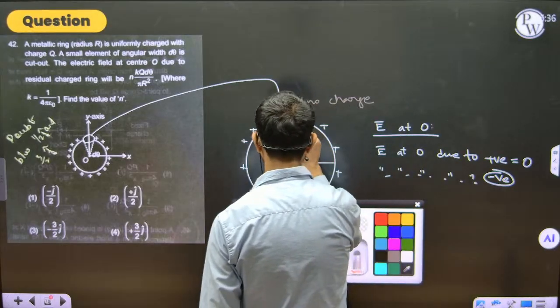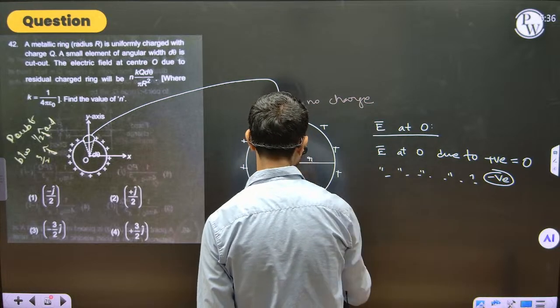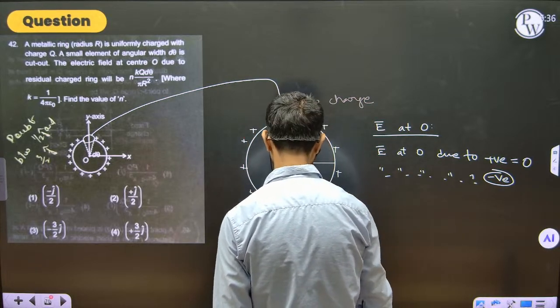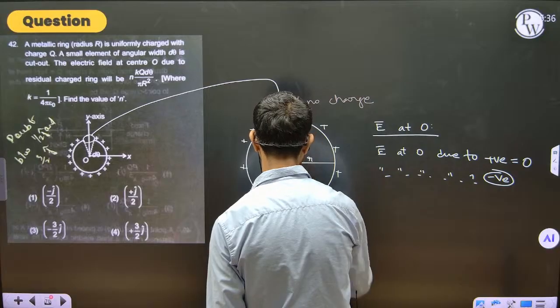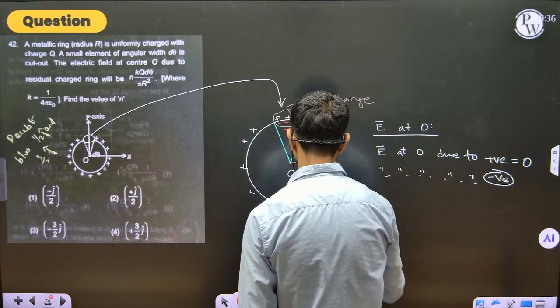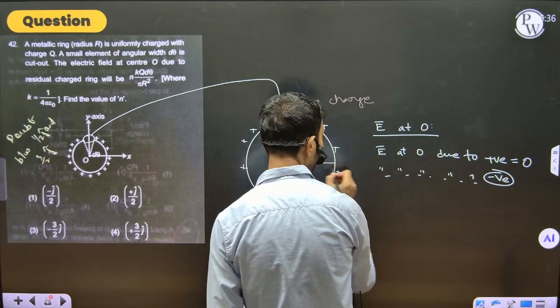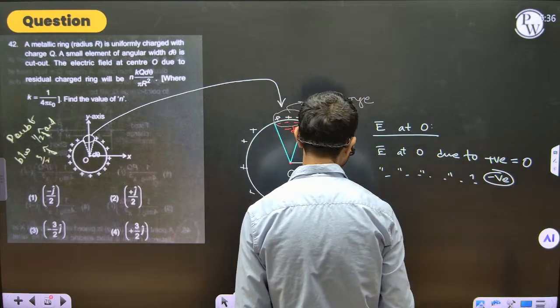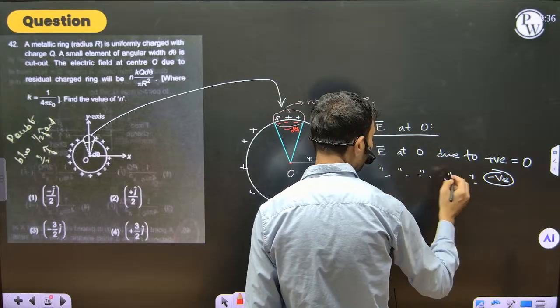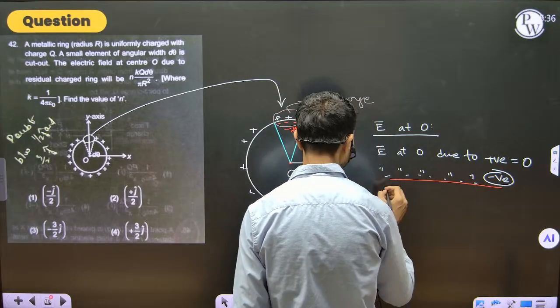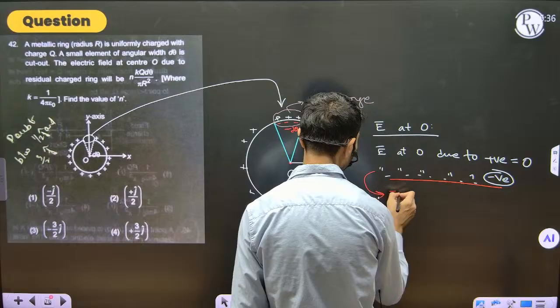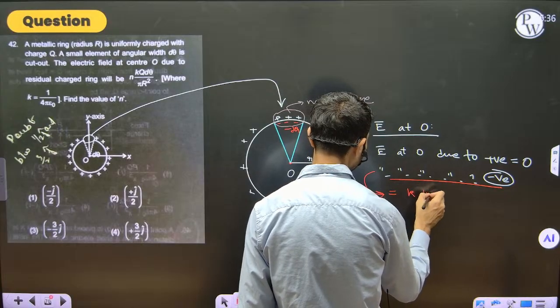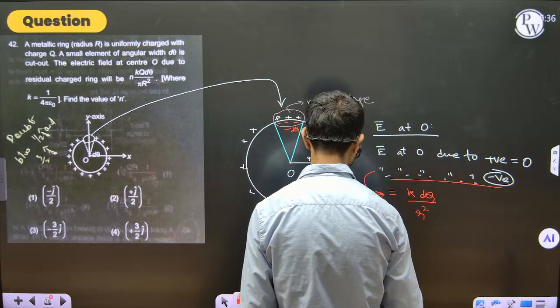Let this negative value be minus dq, because it's a small charge. So the net electric field will be only because of the negative charge, and its value is k dq by r square.